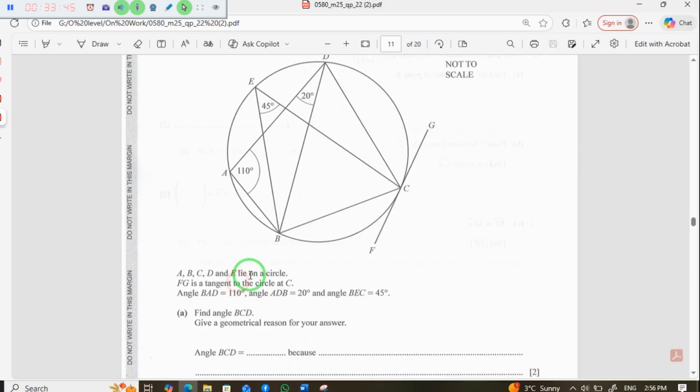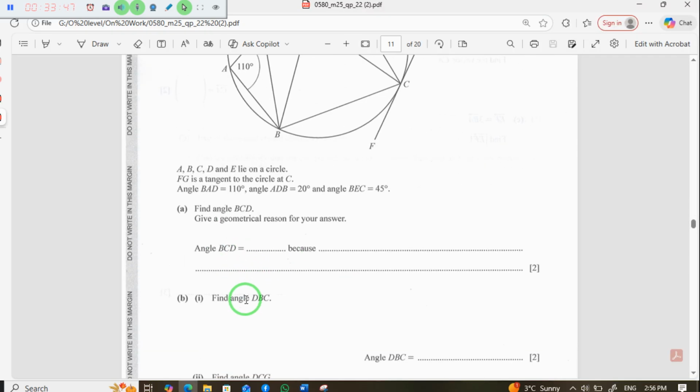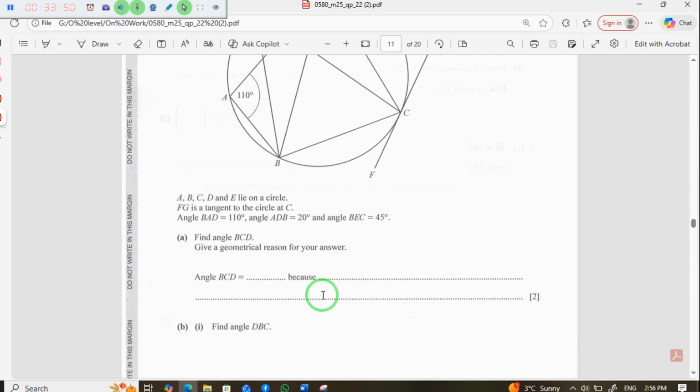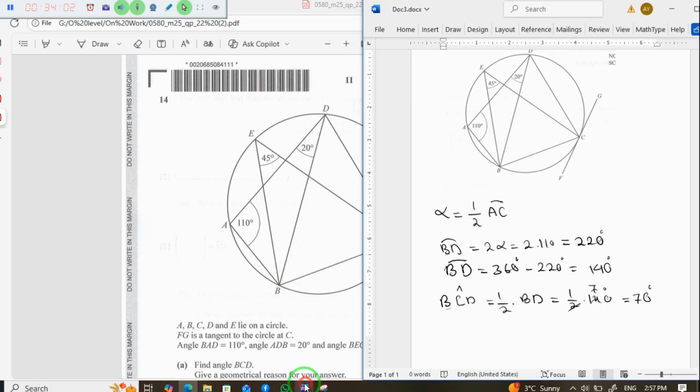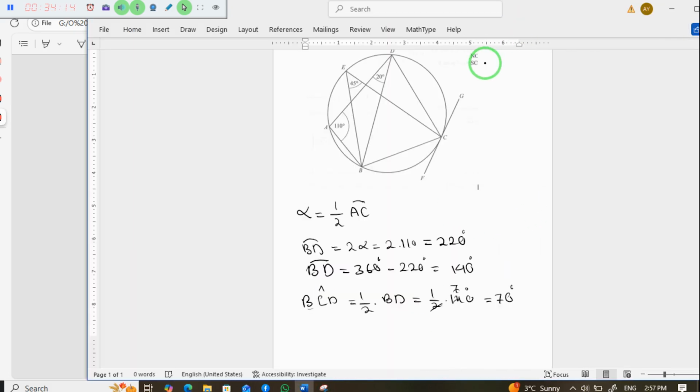Then find the next part: find DBC. Where is DBC? We should calculate this angle. How do we calculate this one? I write here that BCD is 70.